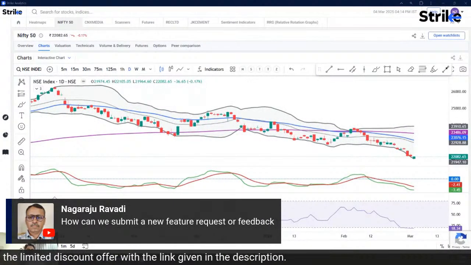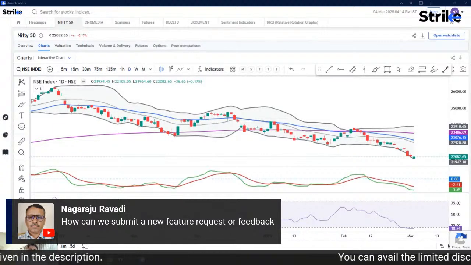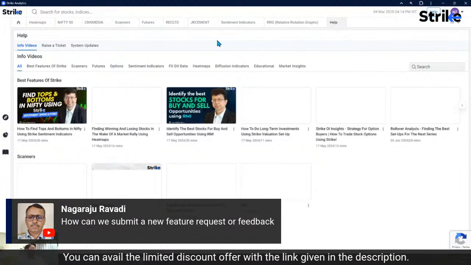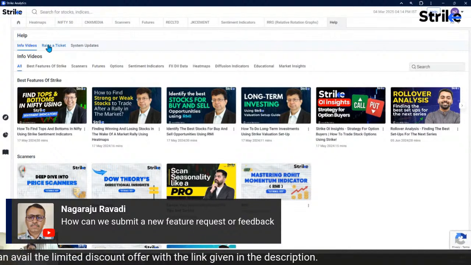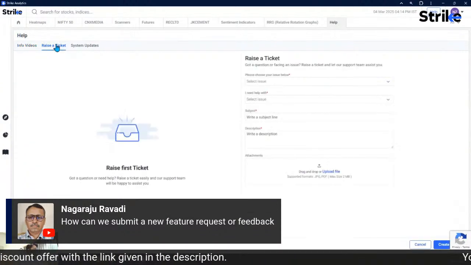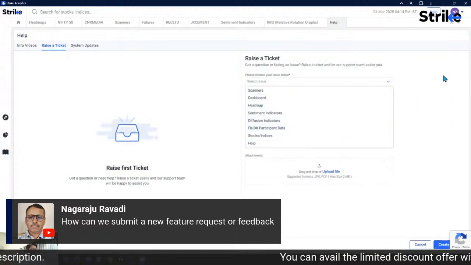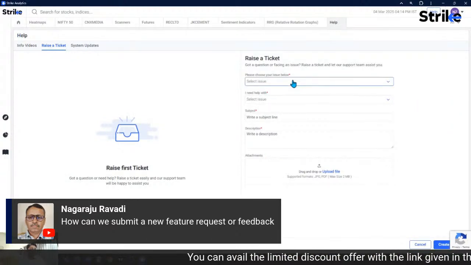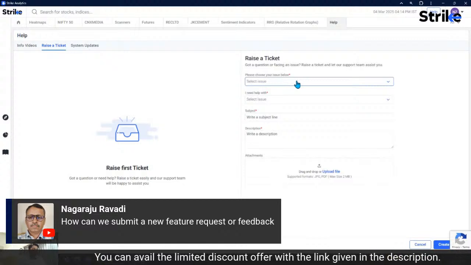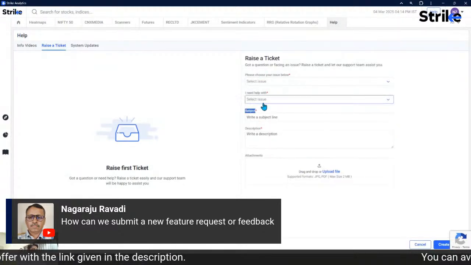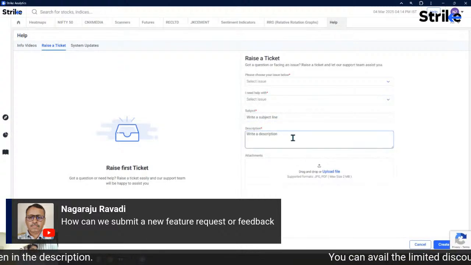How can we submit a new feature request or feedback? So yes, Nagaraju ji, there is this help section over here, and in this help section you can see there is something called raise a ticket. In this, you can select the type of issue, such as feedback or a new feature request, write down a subject and a description.